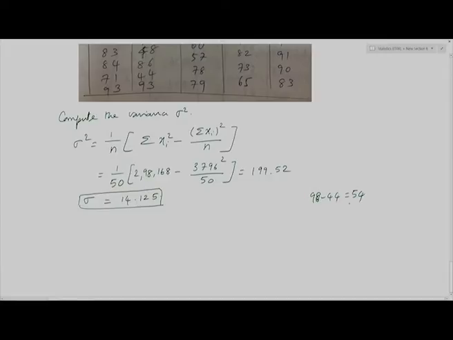So, now we can group like this. We have the flexibility of grouping the data. As such, the problem is over, but by grouping, we are going to compute the same variance.